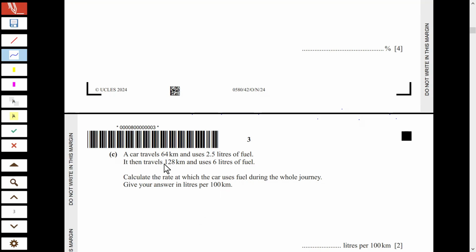Now, the first thing you want to do is to find the total distance traveled by adding 64 kilometers to 128 kilometers.